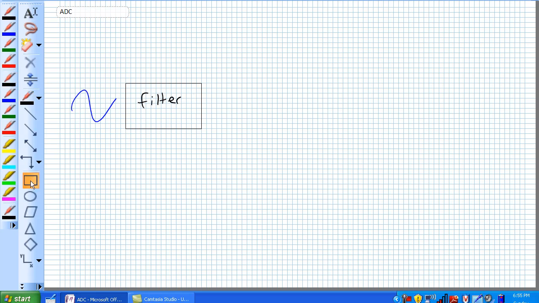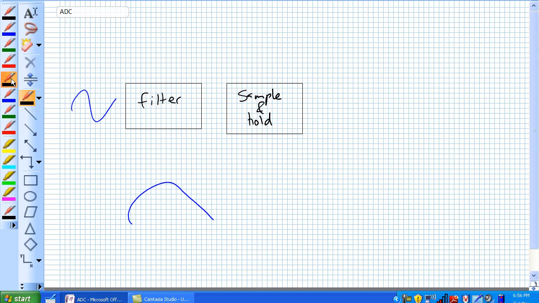And then you've got your sample and hold. If we remember, our samples are occurring at certain intervals, ideally twice as fast as the natural frequency of whatever we're trying to sample, because of the Nyquist sampling theorem.